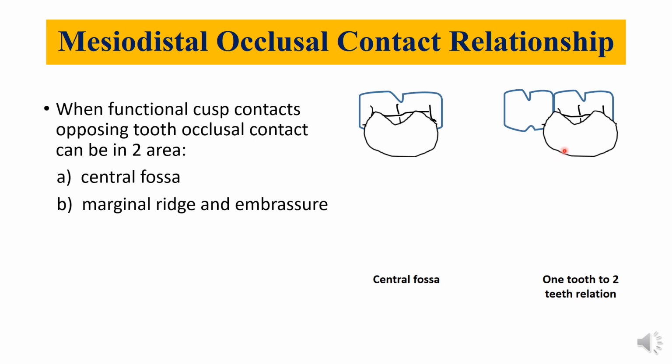So here a single tooth is in contact with two teeth. You can call it a one tooth to two teeth relation. But here you can call it a one tooth to one tooth relation; only one tooth is in contact with one tooth. But here, when you occlude, this tooth is in contact with both teeth. That is what is called the mesiodistal occlusal contact relationship.